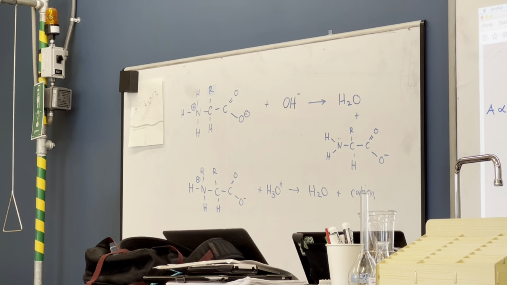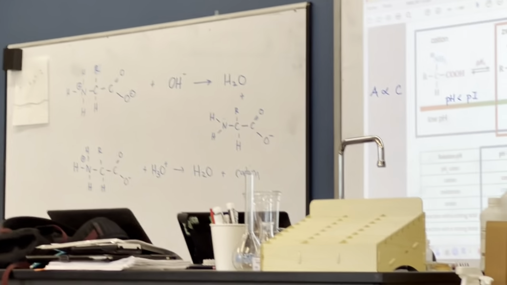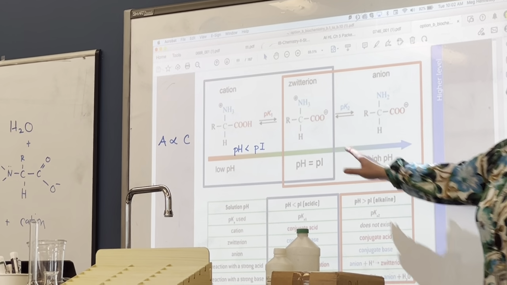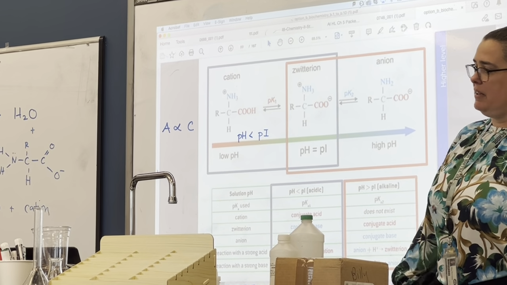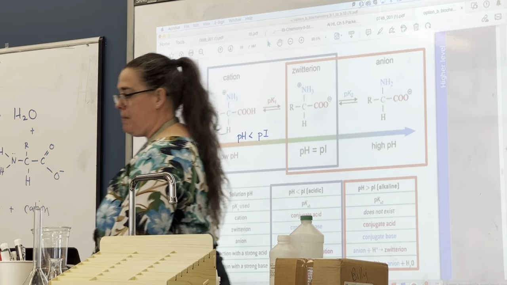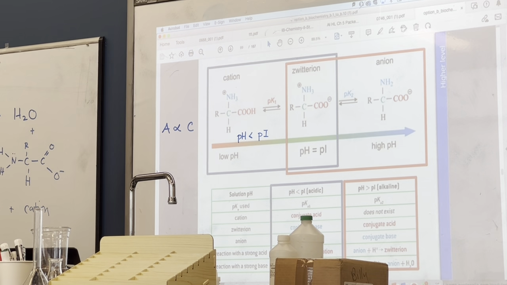So I was trying to make these equations a little bit more lifelike by writing them out structurally. You should be able to take that Zwitter ion and add acid or add base to it and show that it has some perhaps buffering capacity by converting the strong acid or base into the weak acid or base.